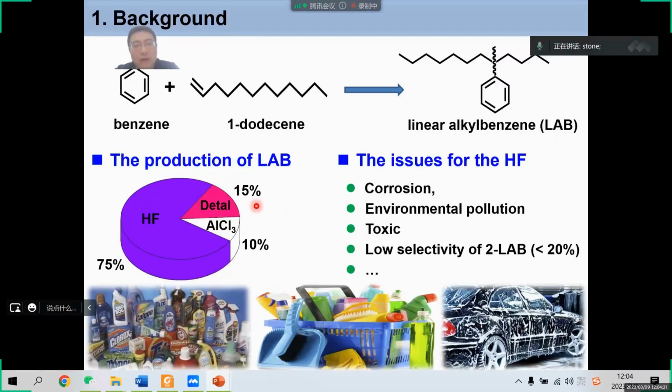So right now, the main catalytic technology for the production of LAB is hydrofluoric acid. The issue for the hydrofluoric acid is that it has serious corrosion, environmental pollution, and toxicity, and has lower selectivity to the target LAB.